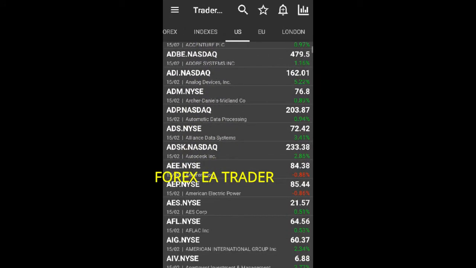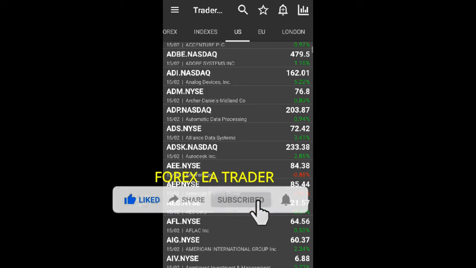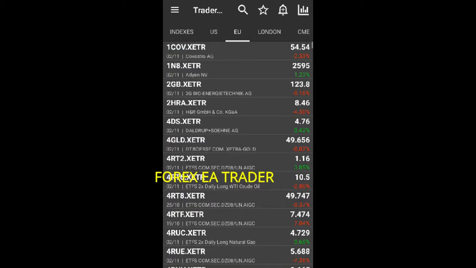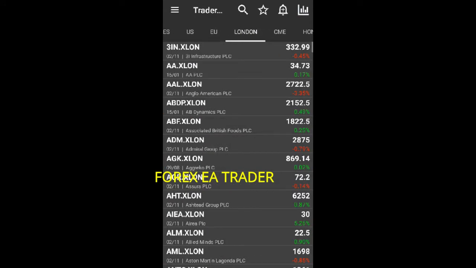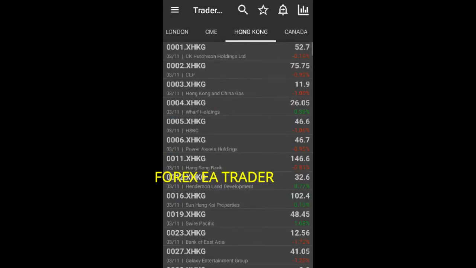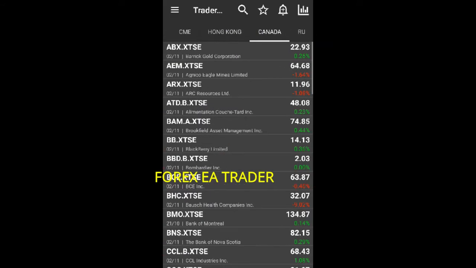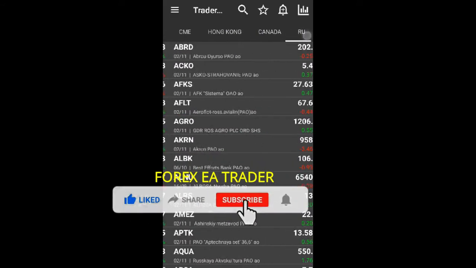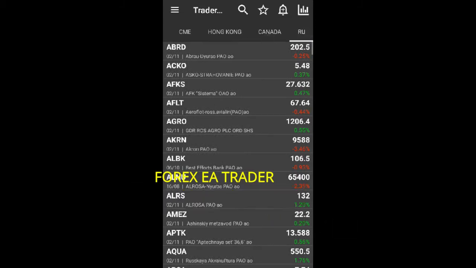Yes, this is US stocks. So it works for forex and it works for stock trading. And you can go to European stocks, you can go to those that are on the FTSE, I think, the CME, Hong Kong, Canada. I mean, there is a lot on this app.